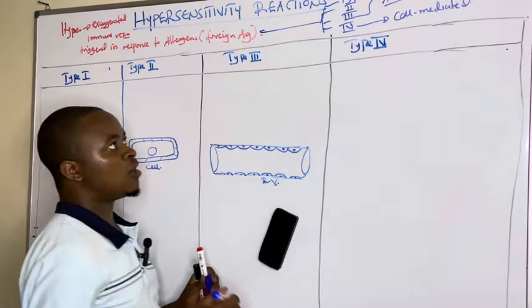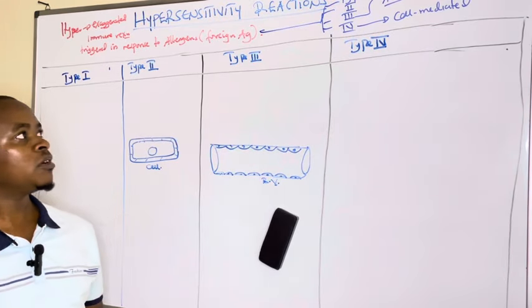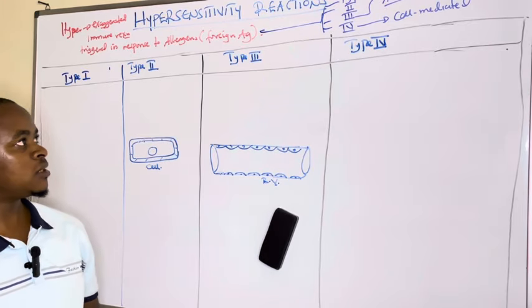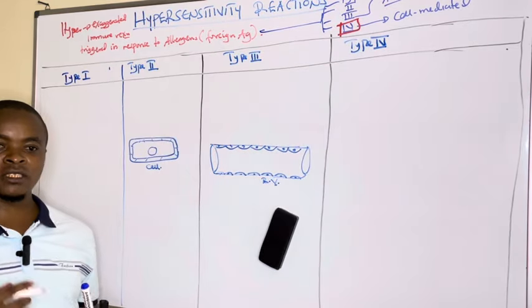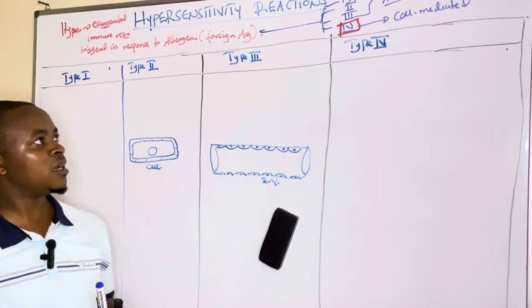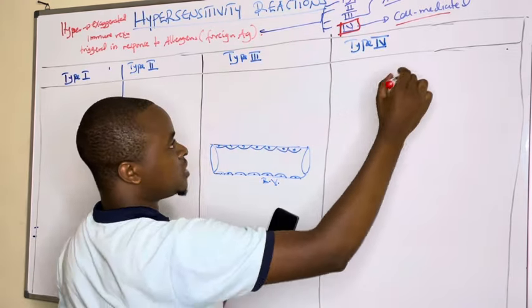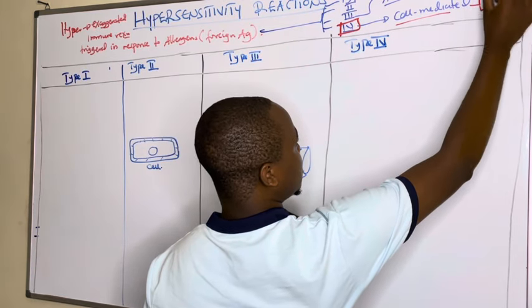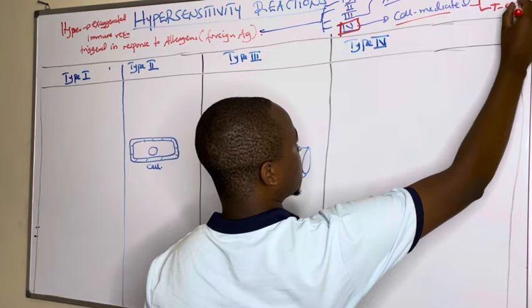So type 1 to type 3 involve antigen-antibody reactions, whereas type 4 is the one which is cell-mediated, whereby we shall see it will be mediated by T helper and T cytotoxic cells.